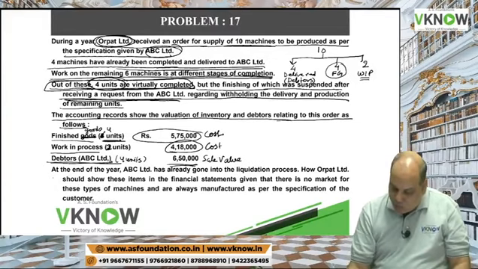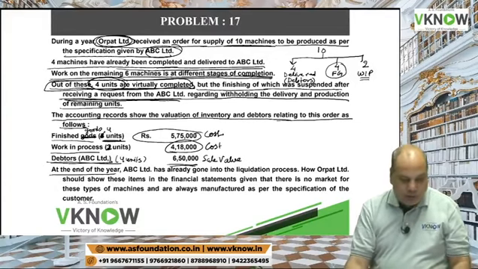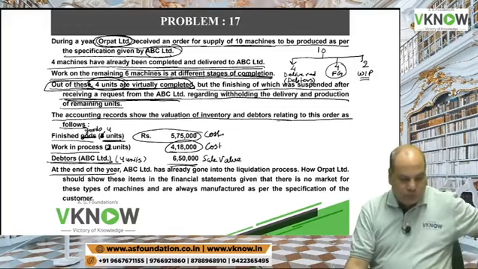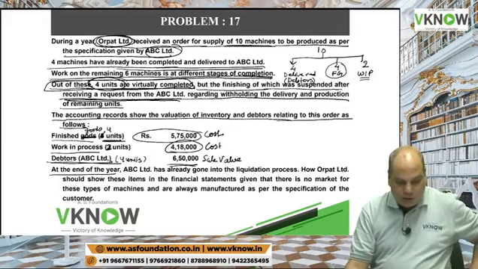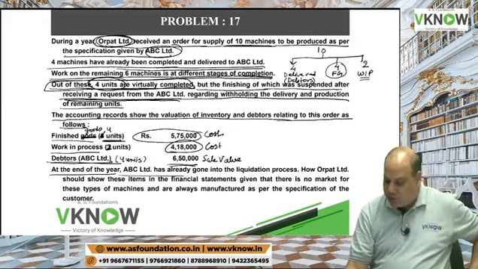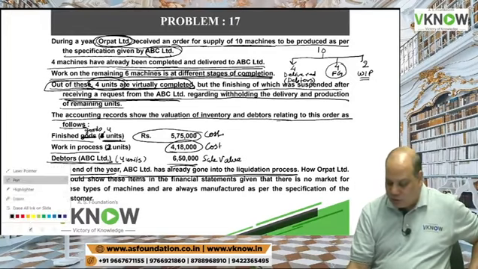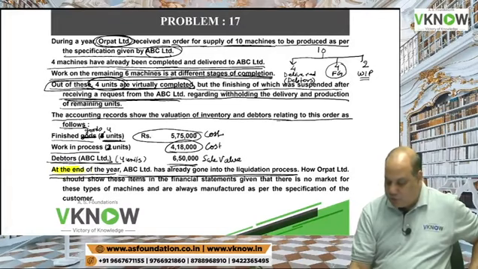Now, at the end of the year, wait a minute, ABC Limited has already gone into liquidation process. Oh my God. Your customer has gone into liquidation process. So what will Orpet Limited do?